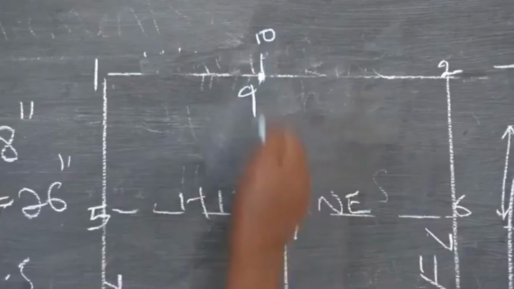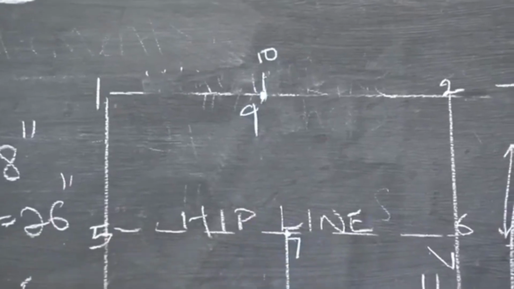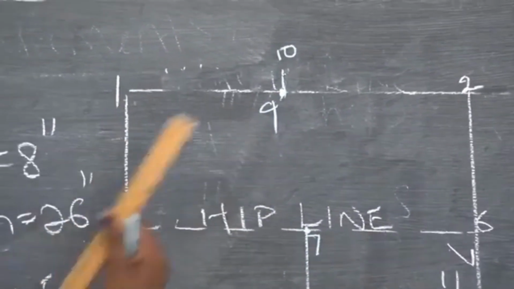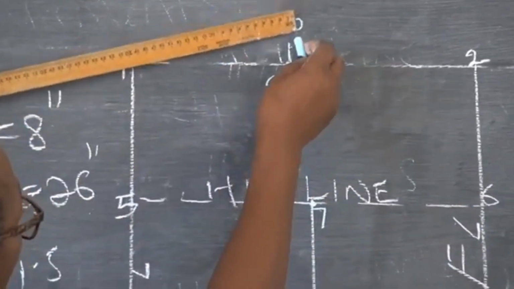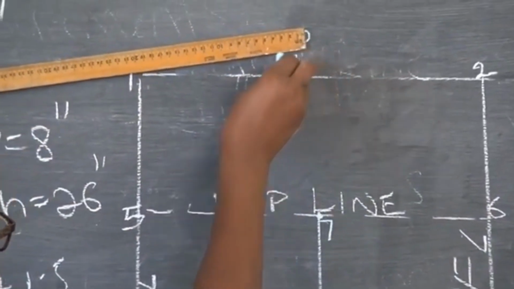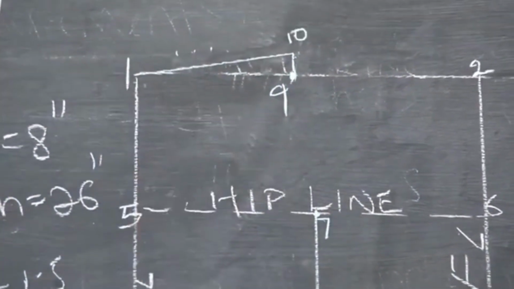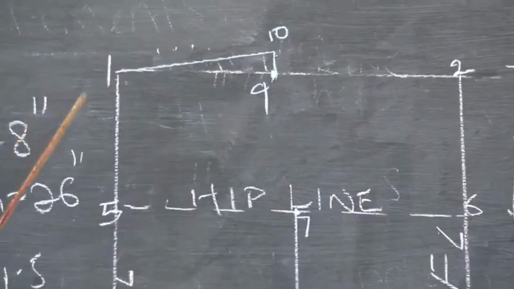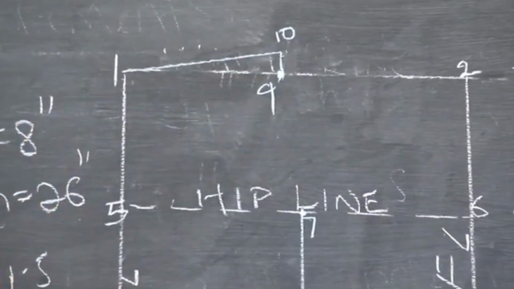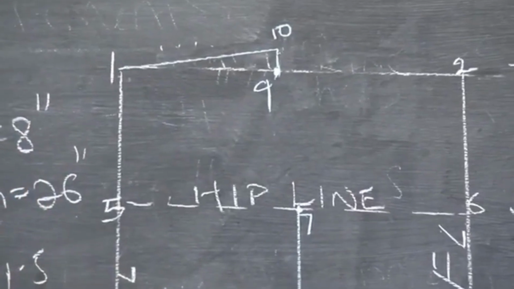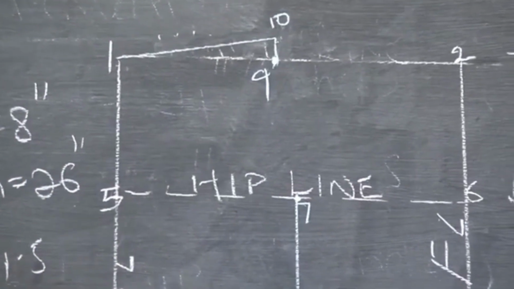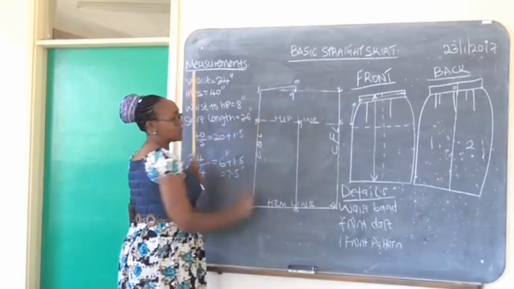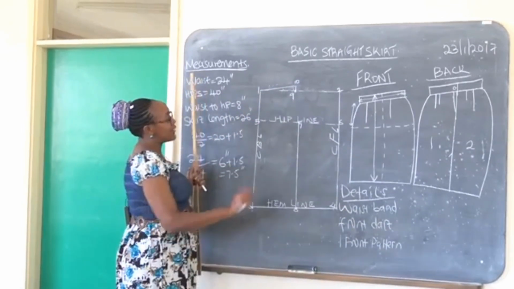This is my point number 10. Now I will divide the line from 1 to 10. I need to join this line with a straight line to 1. I get that. And then you divide the line from 1 to 10 into 3. And because 1 to 10 is 7.5, I will measure this distance and I divide it into 3 equal parts, a third of each.